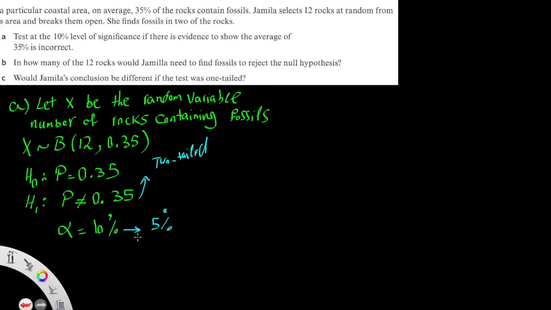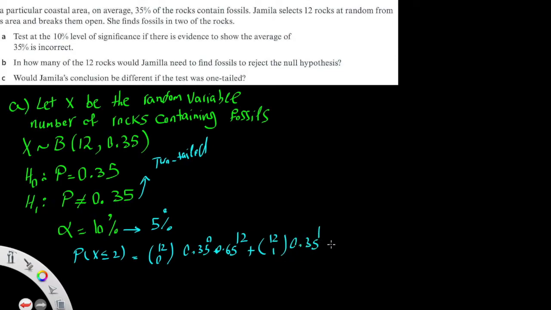So as 2 is closer to the left-hand side of the region, we check the probability of X less than or equal to 2, which is equal to X is equal to 0, 1 or 2. Now it gives you combination of 12, 0, 0.35 to the power of 0 and 0.65 to the power of 12, plus combination of 12, 1, 0.35 to the power of 1, 0.65 to the power of 11, plus combination of 12, 2, 0.35 to the power of 2, 0.65 to the power of 10.